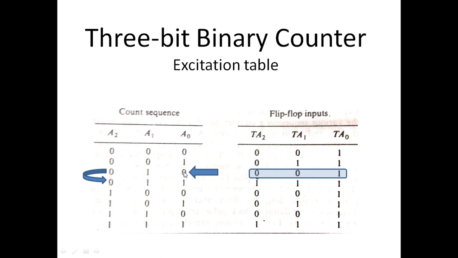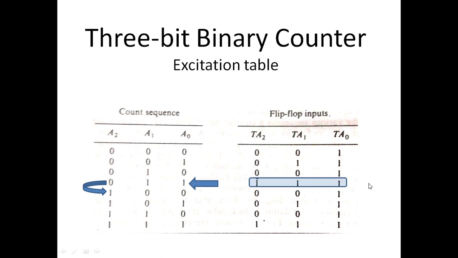This is possible if we toggle the state of flip-flop 0, and keep the state of flip-flop 1 and flip-flop 2. So we provide 0, 0, and 1. That is 0, 0, 1. When this input is provided to the 3 flip-flops, we will get to this state from this state.